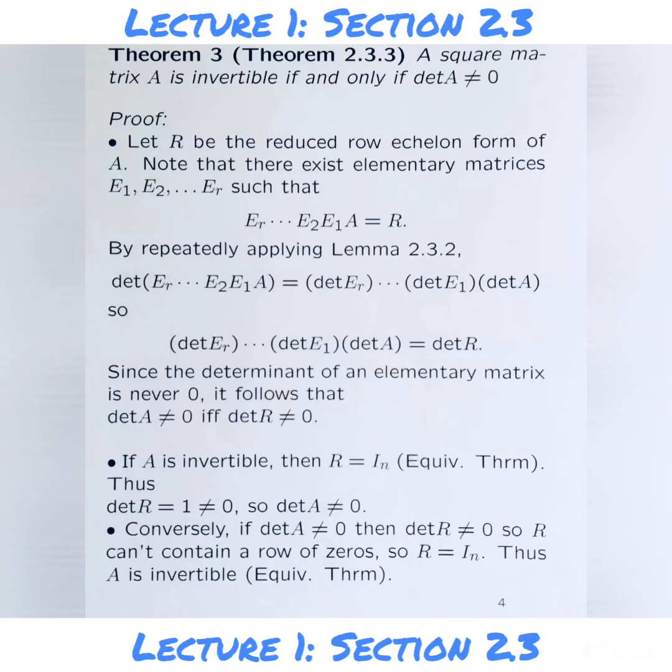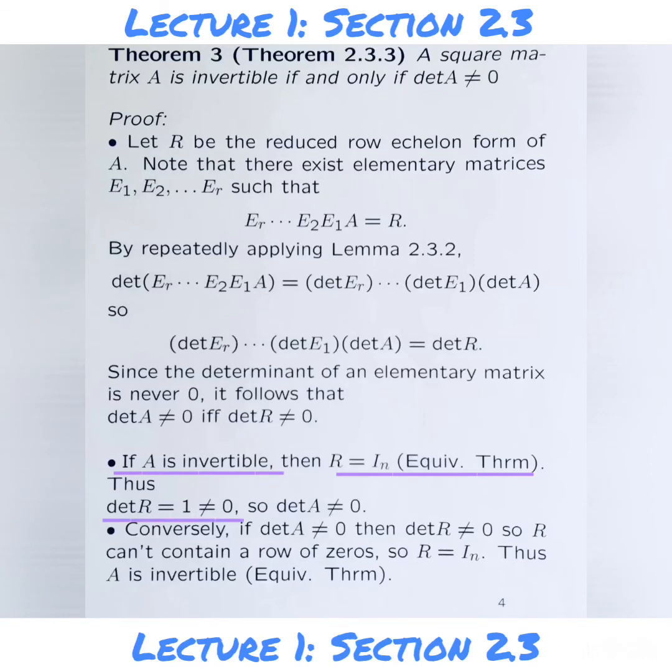So we can now prove this theorem. Therefore, if A is invertible, then by the equivalence theorem, remember the equivalence theorem states that the reduced row echelon form of the matrix A is the identity matrix. And therefore, the determinant of the identity matrix is 1.